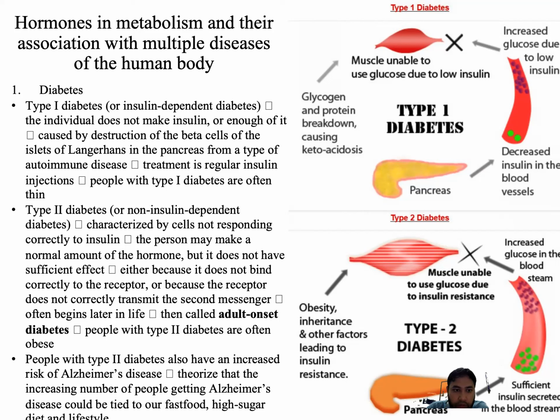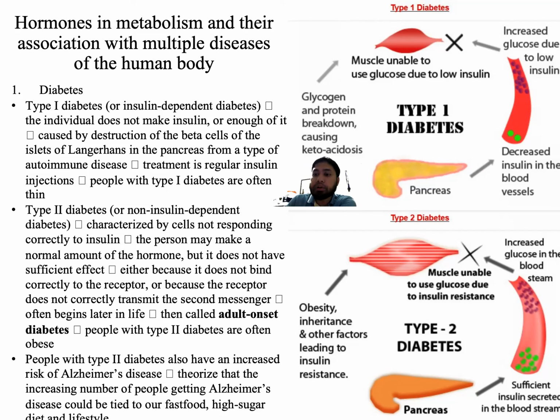They have some complications and they require treatment, meaning they need to be injected with constant insulin injection. Whereas for type 2, you can see that the pancreas secretes sufficient insulin. Yes, they have enough, like you, but for some of us, the insulin that is being produced is not functional.